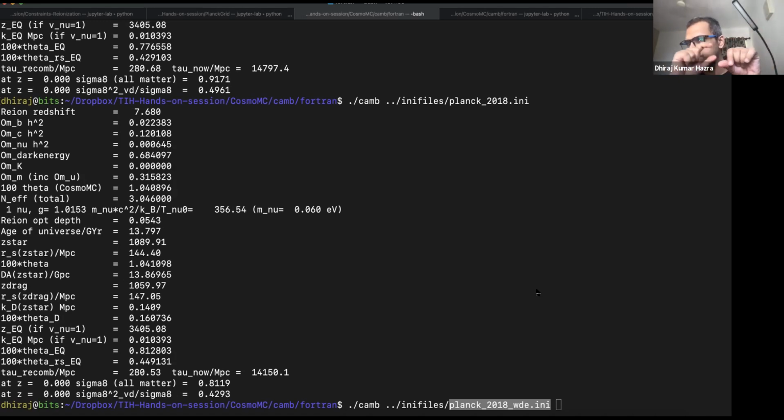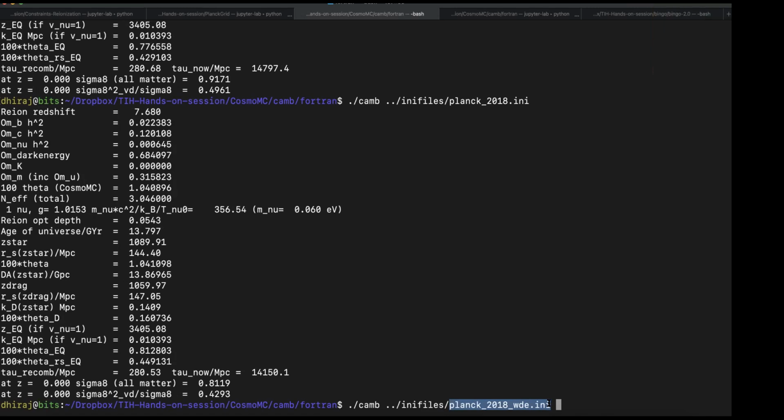If you are changing W from -1 to -2, by making a copy of this file, then you have to put W equal to -2, and then the output route will be WDE. So there is a 3-step process. First, locate the file.